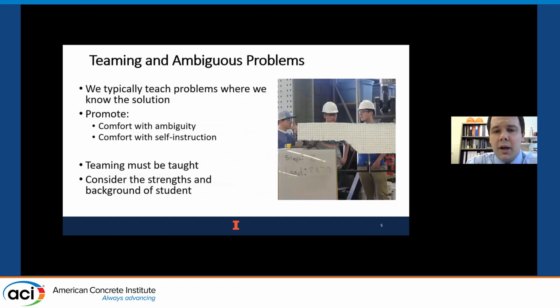All right, so really the first aspect that we focus on is teaming and dealing with ambiguous problems. As professors, very rarely do we ever truly get pushed outside of our comfort zone into teaching something that really isn't in our wheelhouse. Sure, maybe you end up teaching statics, or mechanics of materials, or some foundational course, but a lot of that type of stuff, we're practicing on a regular basis.